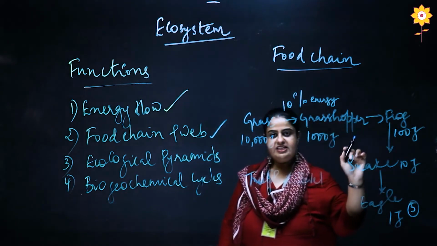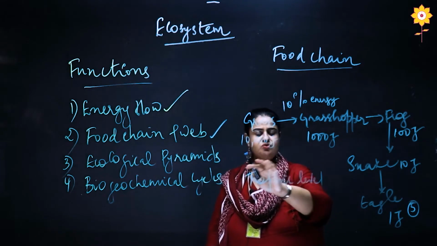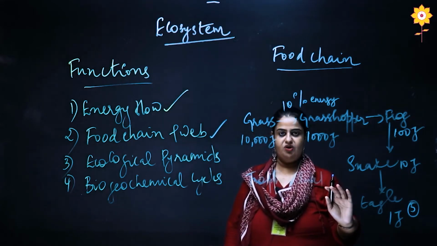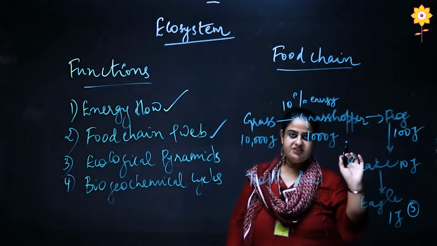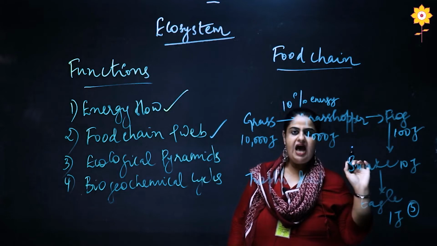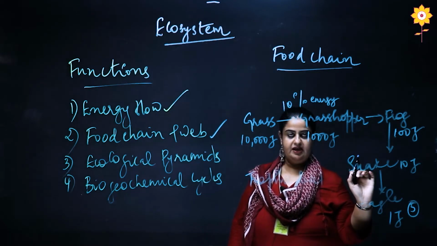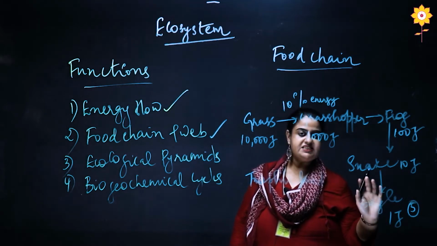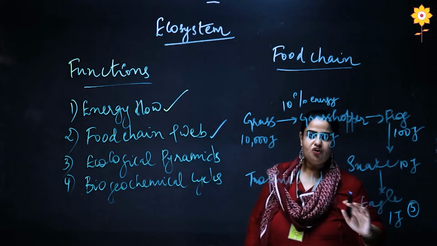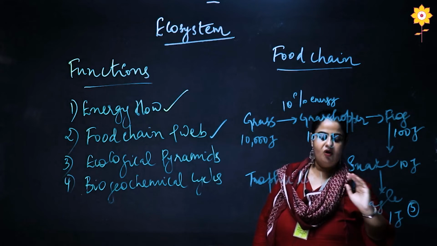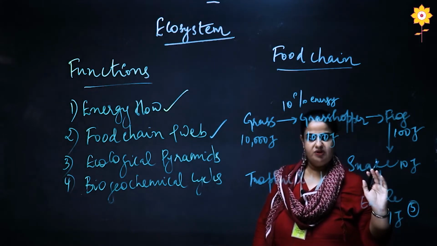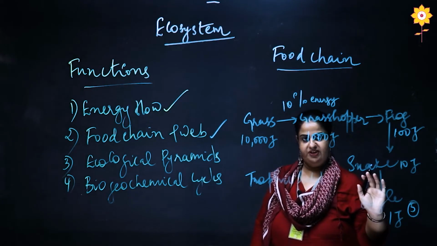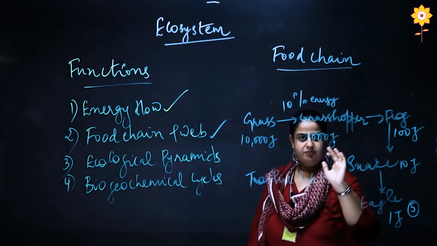Out of all these 5 organisms, the producers will always have the highest amount of energy, and the organism at the last trophic level is the eagle, which will have the least amount of energy, or any sort of secondary, tertiary or quaternary consumers will have minimum amount of energy, like I told you, 10%.